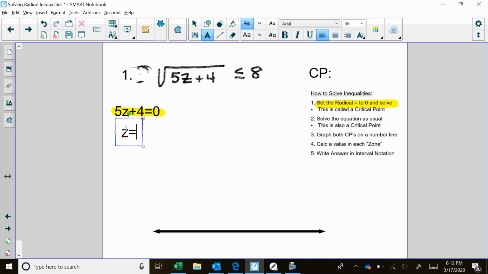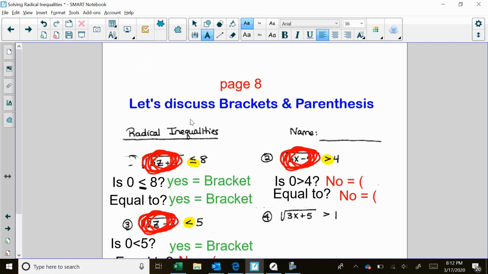Z equals -4/5. That's our first critical point. Okay, so up here, we have our first critical point, -4/5. Okay, our first critical point over here, we talked about our first critical points. We decided that that number that we just got was going to have a bracket associated with it.